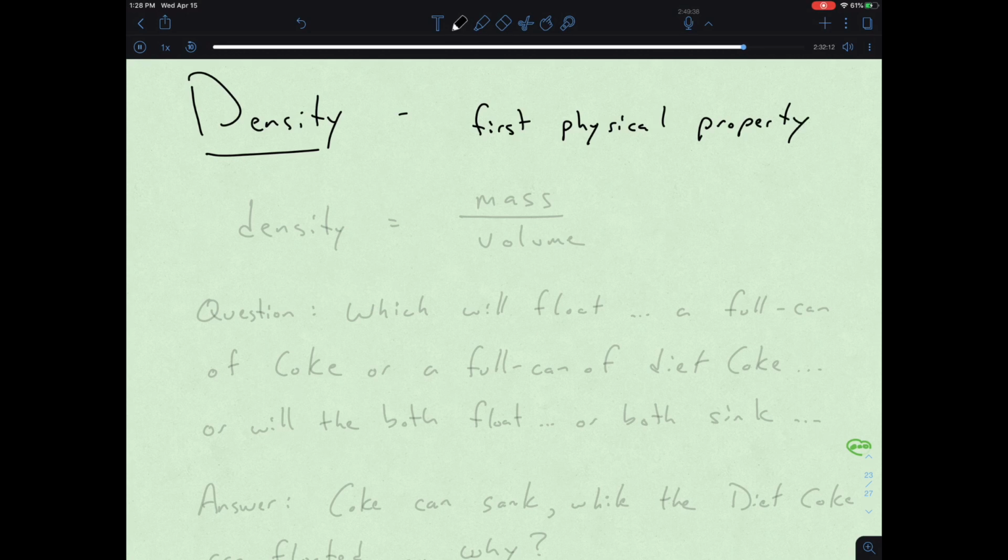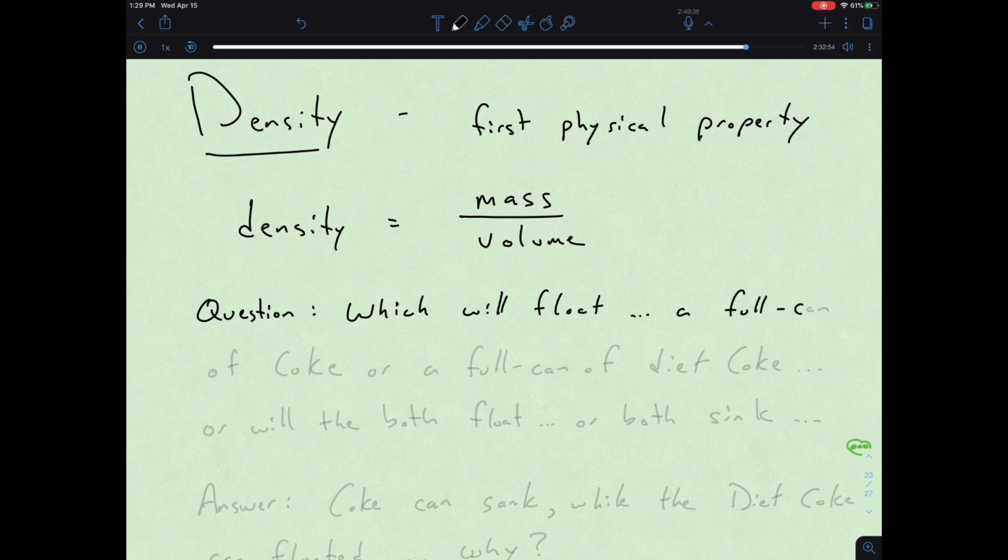Density involves basically this idea of a mass to volume ratio. So check out this Coca-Cola experiment, and we can come back and revisit this idea of density because it really answers the question, which will float?